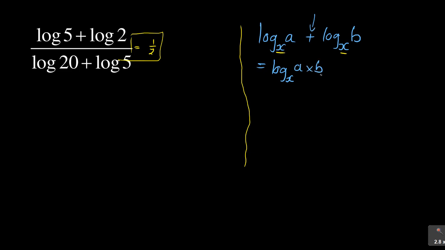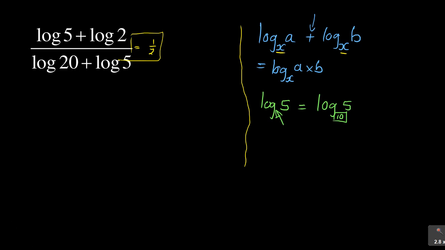This is an important law that you need to know, that we're going to use in this particular case. Now if they just write, in this case, log 5, what you must know is log 5 is the same as log base 10 of 5. Sometimes the 10, if it is not included, we always leave it out. By default, if the base is not given, it is always log base 10.